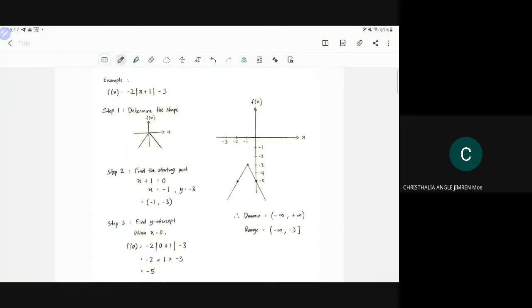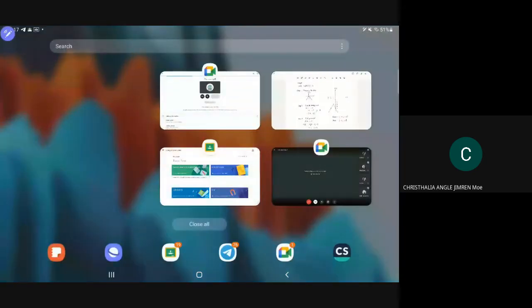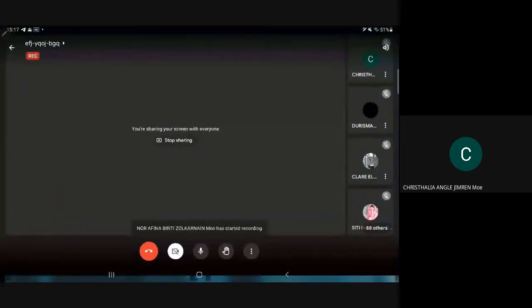So from this graph, we can determine the domain and range. The domain is negative infinity to positive infinity, and the range is negative infinity to negative 3. Okay, that's all. Yeah, that's all from our group.